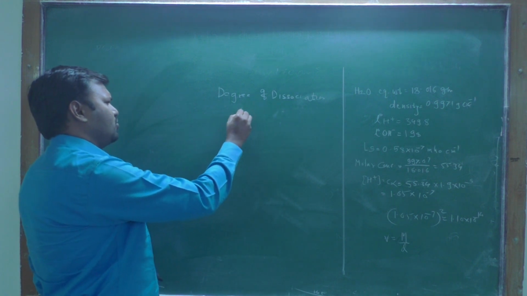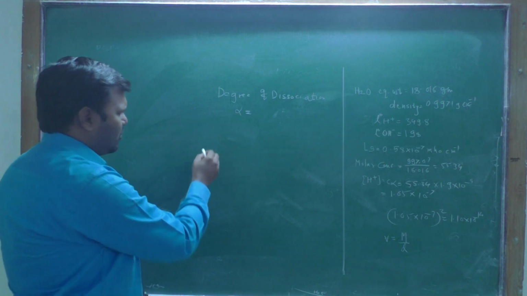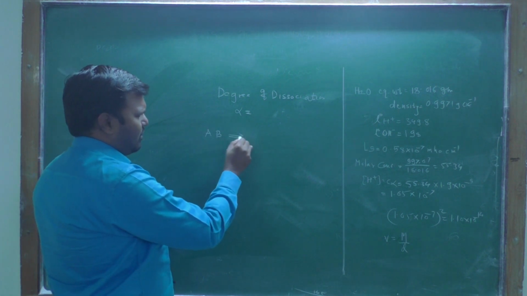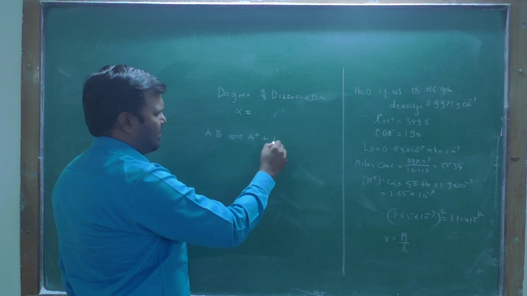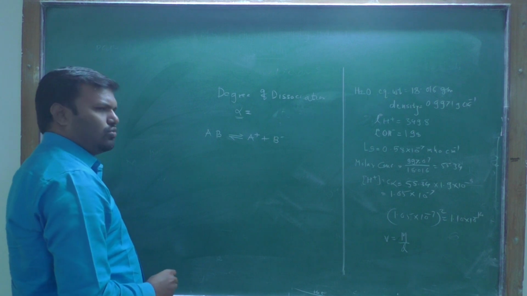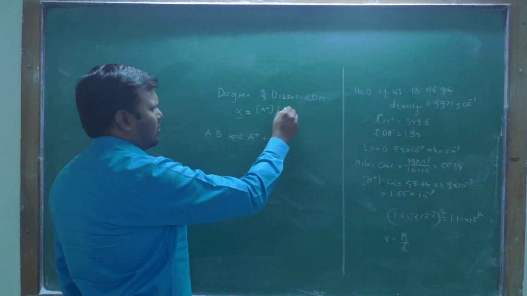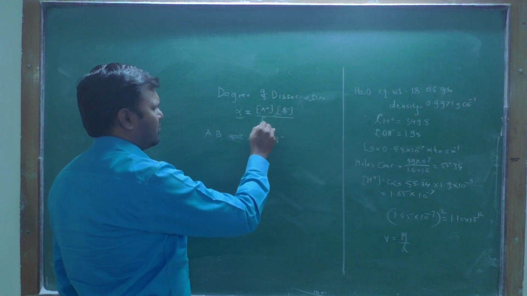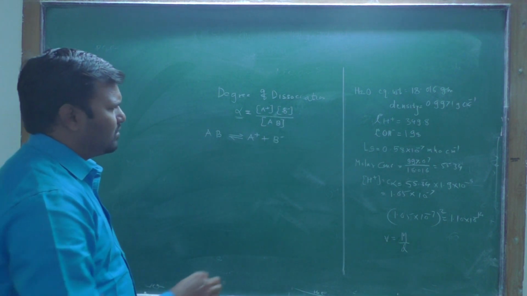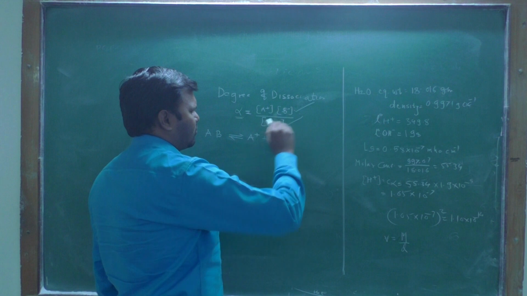Suppose the degree of dissociation is given by the notation alpha. If we have an electrolyte AB which will dissociate into A plus and B minus, then degree of dissociation is given as the concentration of dissociated ions upon the total concentration of electrolyte.